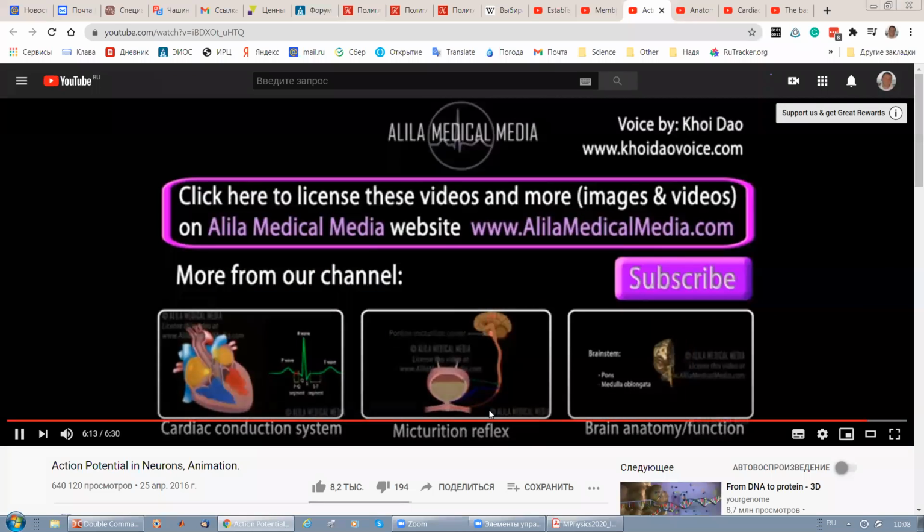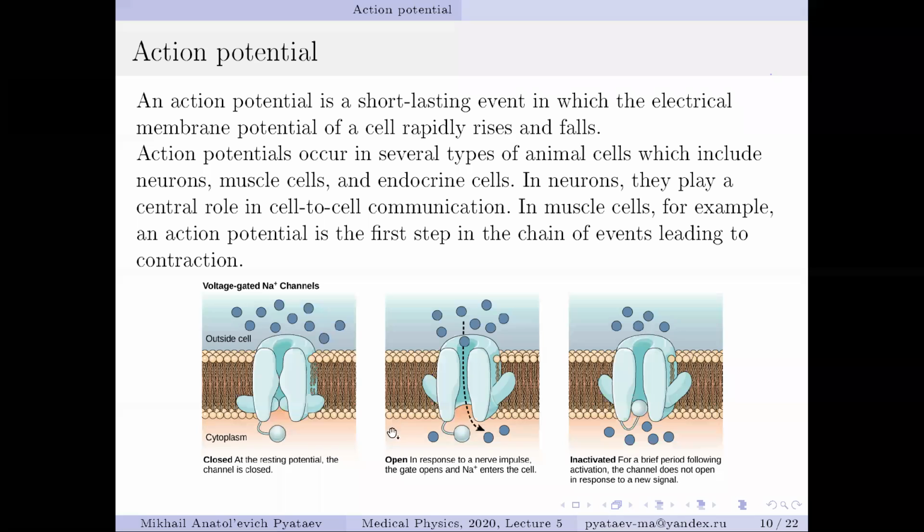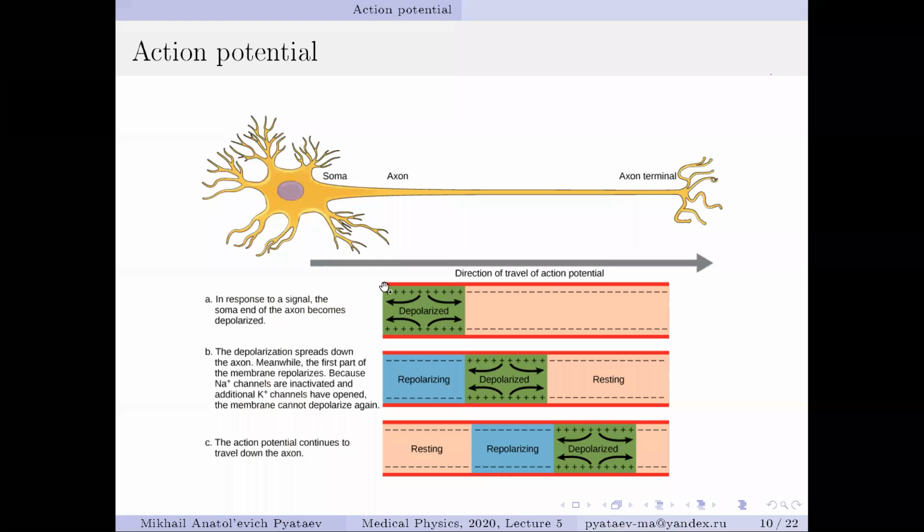Well, so we have seen this video, and it describes the propagation of nerve pulse. Here is another picture on this same theme, and we can see that in the axon there is a wave of depolarization.